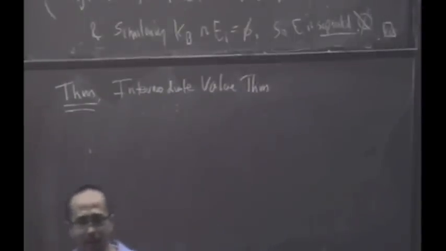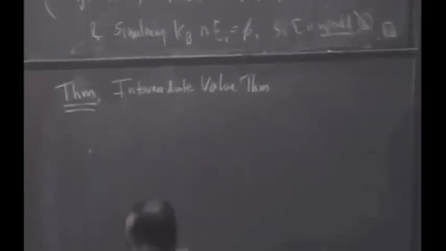Can you see why that's a theorem about images of connected sets? What does the intermediate value theorem say?